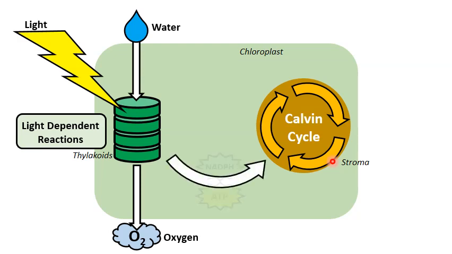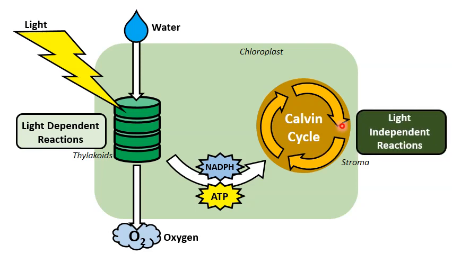Those energy molecules are something called NADPH, not to be confused with NADH, which we saw in respiration, and ATP, which we're very familiar with. And that NADPH and ATP then move out of the thylakoids into the stroma, where they enter into this series of chemical reactions called the Calvin cycle, or the light-independent reactions.